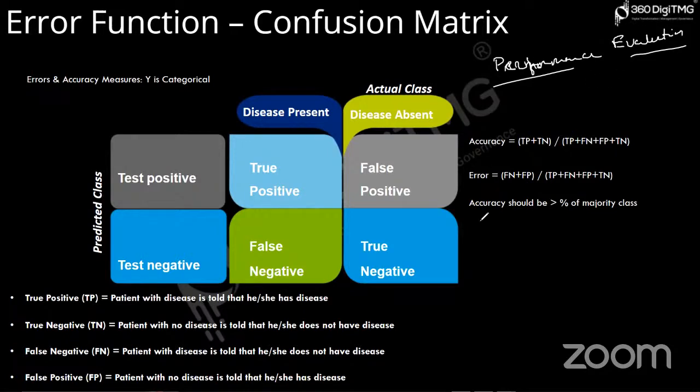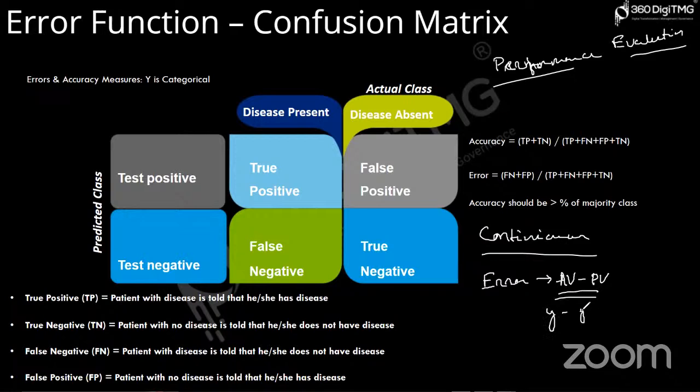Suppose it is continuous data. If it is continuous data, we try to find the error. Error is nothing but actual value minus predicted value. So here we will be finding y minus y cap value, and the error will be calculated.